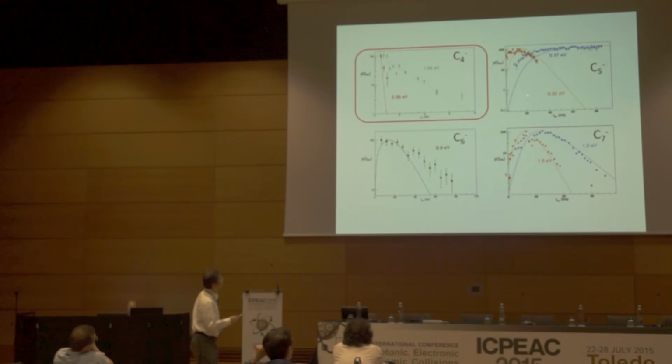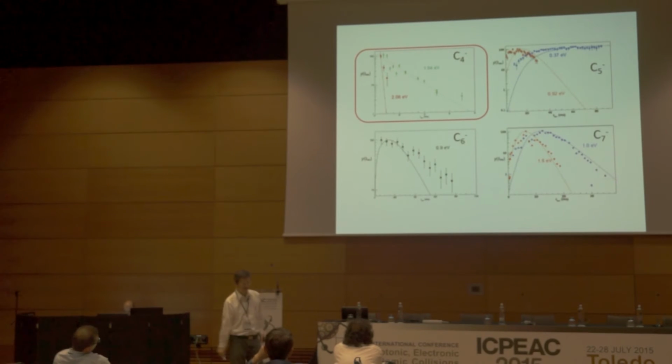You can see for C5 plus, C5 minus, and C7 minus, excitation by red light peaks at shorter storage time. And excitation by blue light samples the lower energy side, so it peaks later, or if we sample very low energy, it simply goes up and stays there.